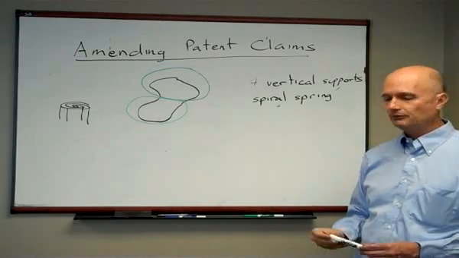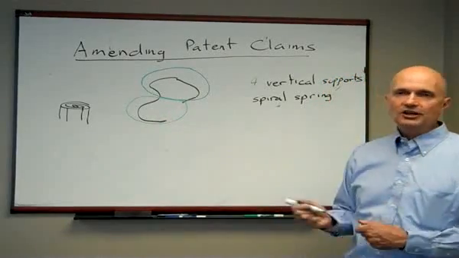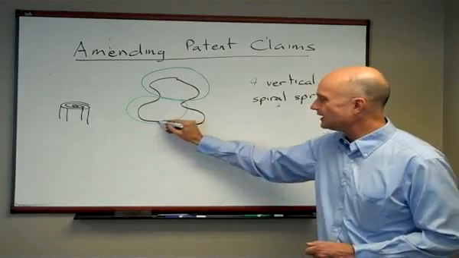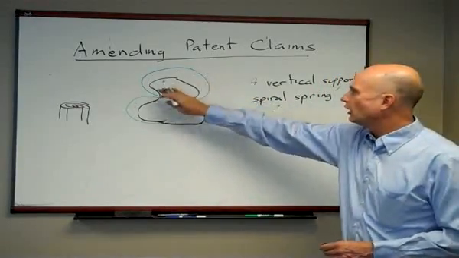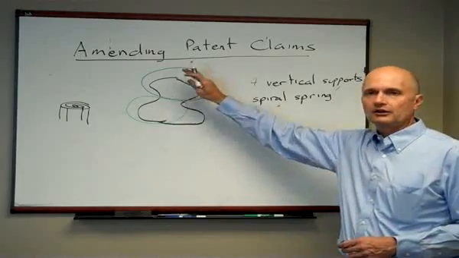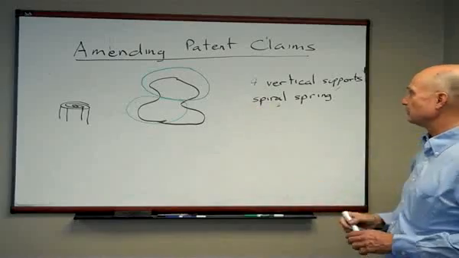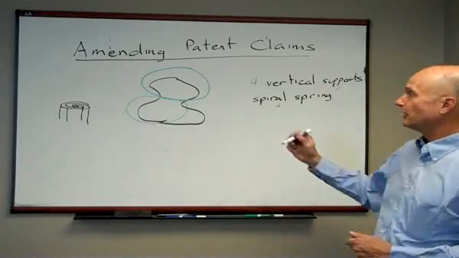And you say, well, hold on now. What if I change what I claim so that I add additional limitations, and all of a sudden all of my invention is no longer covered by these prior art sources. So to give it a practical example here, suppose I said I'm going to add a chest rest right here.